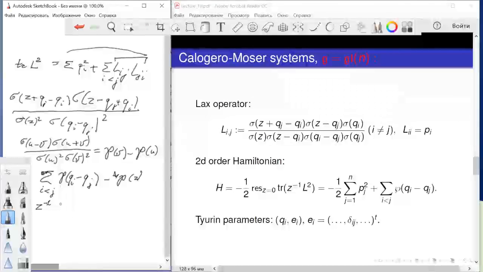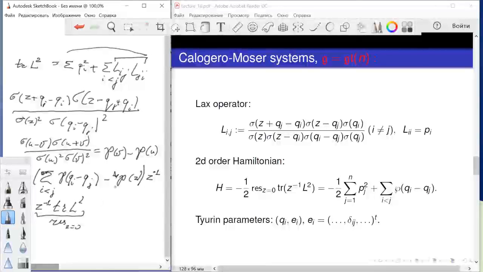That is the residue of trace L squared at the point z equal to 0. We must multiply the whole thing by z minus 1 and take a residue.